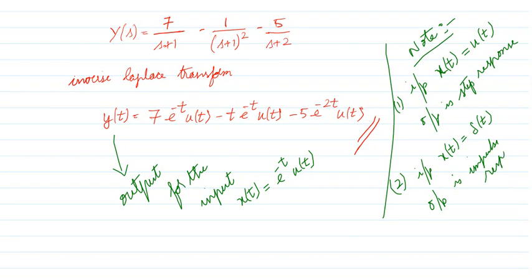The question may be, find the step response, find the impulse response. Here I have given the input as this value, so for that we have found the output. If it is for the step response, instead of x of t, I will use the input as u of t. If it is the impulse response, I will use the input as delta of t. This point you have to note down.